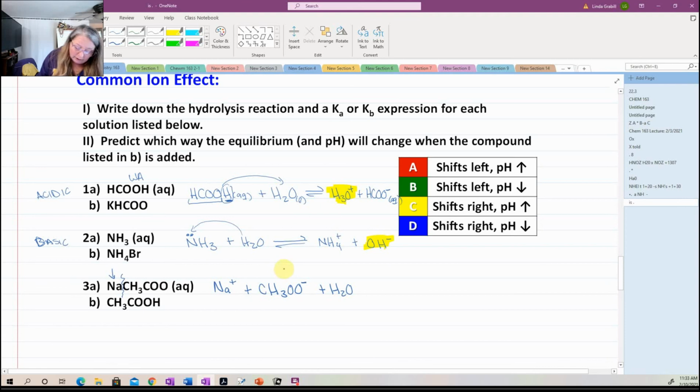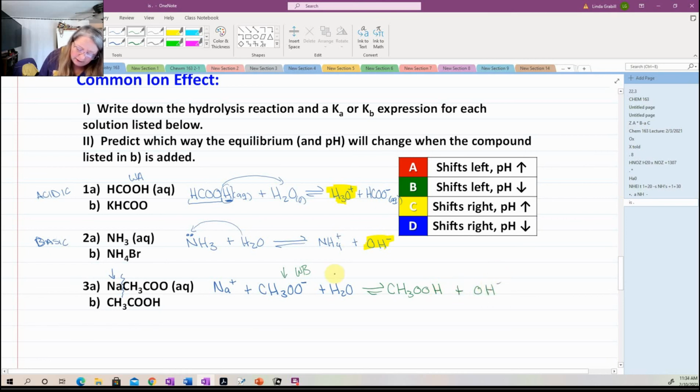Therefore, the reaction that we're going to concentrate on is the fact that this ion, this CH3COO minus, can accept a hydrogen. So it is acting as a weak base. So that means I'm going to make CH3COOH, and I'm also going to generate OH minus.